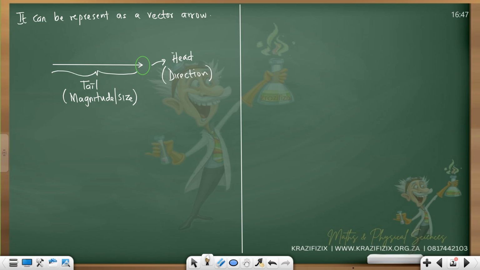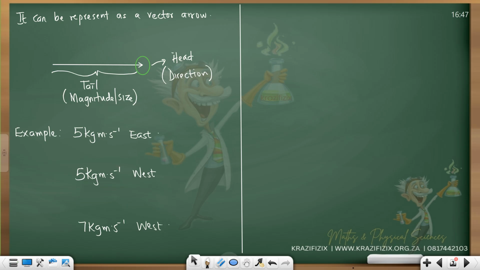So if I tell you 5 kilogram meters per second east, compare that to 5 kilogram meters per second west, and then compare that to 7 kilogram meters per second west.